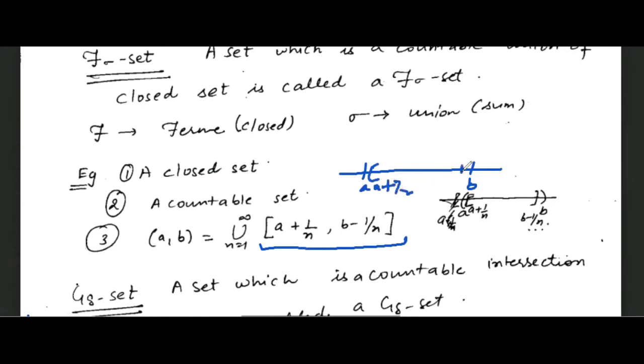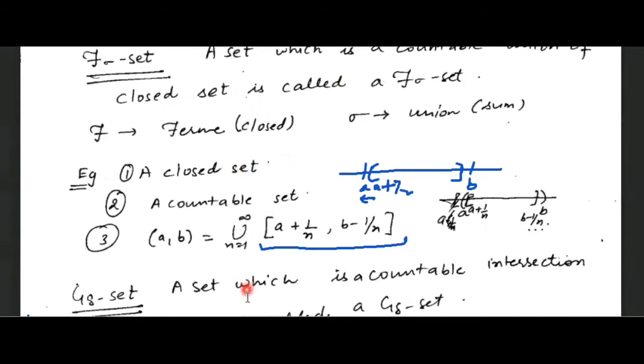Similarly, consider b minus 1 by n, and when you take the union, a plus 1, then a plus half, then a plus 1 by 3 and so on. So when you take the union of it, you get the open interval (a, b). So any open interval (a, b) is an example of an F sigma set because we can write this set as a countable union of closed sets.